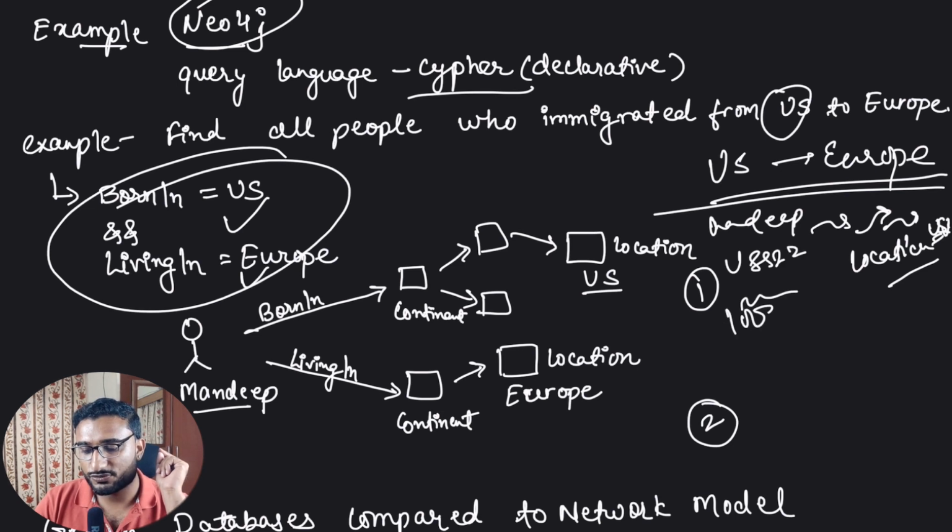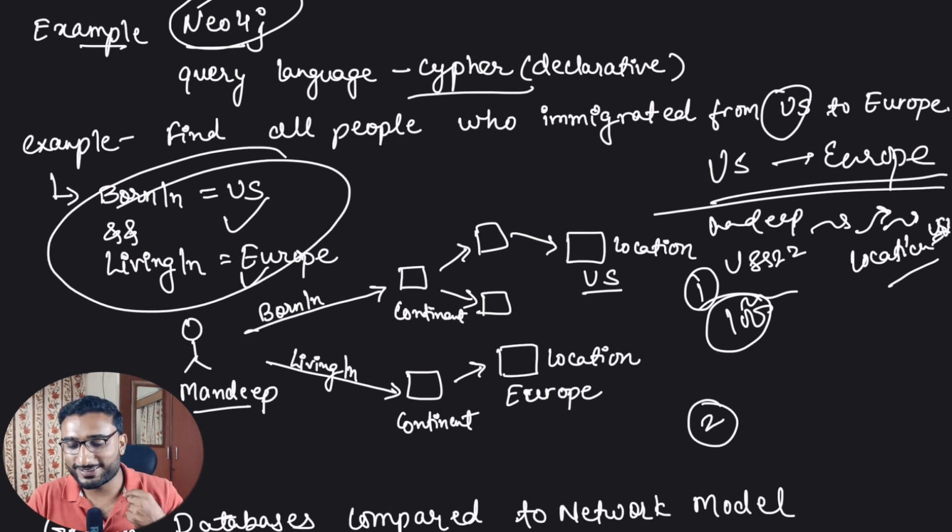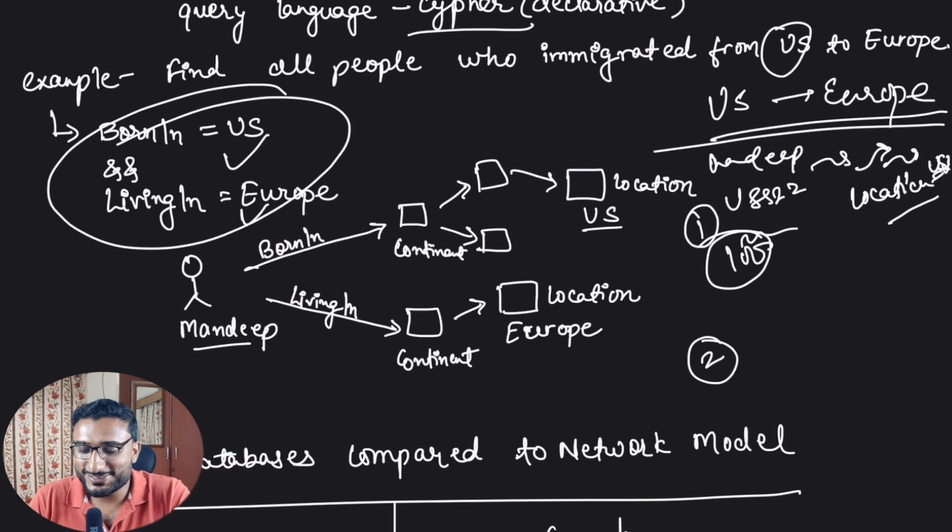Let's say I have 100 users. So I will iterate over all these 100 users and check if the location is US for them, and if the location is US, then I will retrieve and return those in the results.